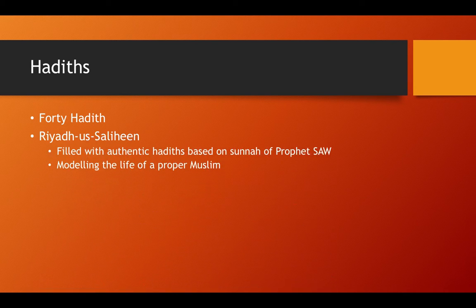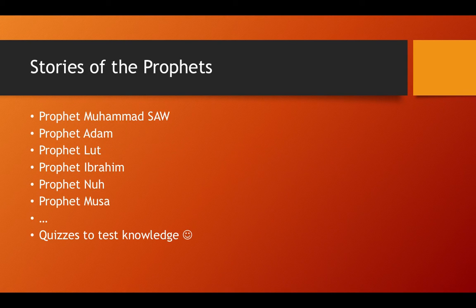And then there's also a book called Riyadus Salihin. You don't need to know this name. This is just the name of a Hadith book that's filled with authentic Hadiths based on the Sunnah of the Prophet Sallallahu Alaihi Wasallam. These Hadiths are meant for modeling the life of a proper Muslim, so how to behave properly. There is some etiquette and overlapping between the other sections.